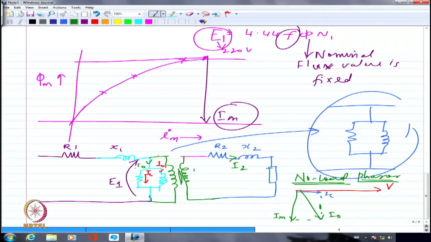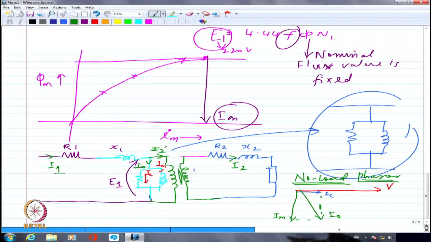There will definitely be I2 dash, or whatever is the reflected current from the secondary side into the primary. Now I2 dash and I naught together make up I1. Of course I naught is really small.